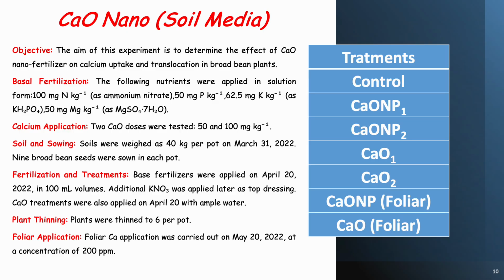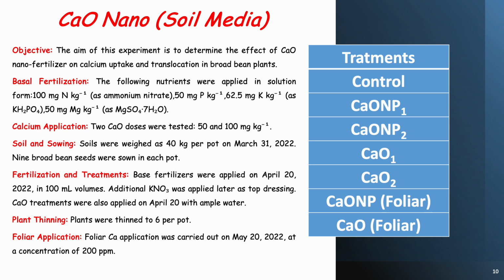You can see here the soil experiment setup and treatment groups. The main objective was to evaluate the effect of calcium oxide and nanocalcium oxide on calcium uptake and translocation in broad bean plants. The treatments included 2 different soil doses for both calcium oxide and calcium oxide nanoparticles, 50 and 100 ppm, as well as separate foliar applications.